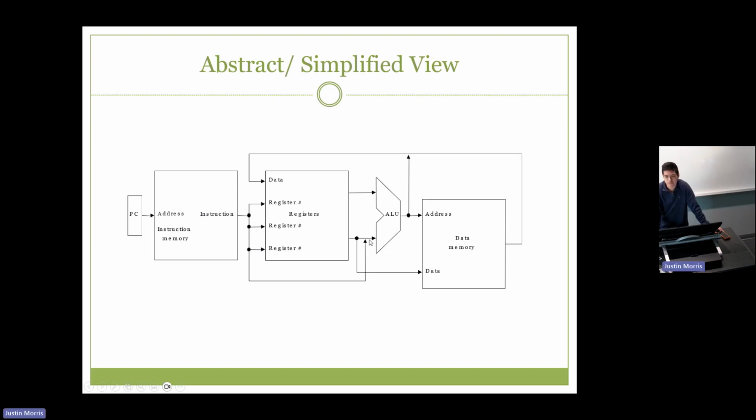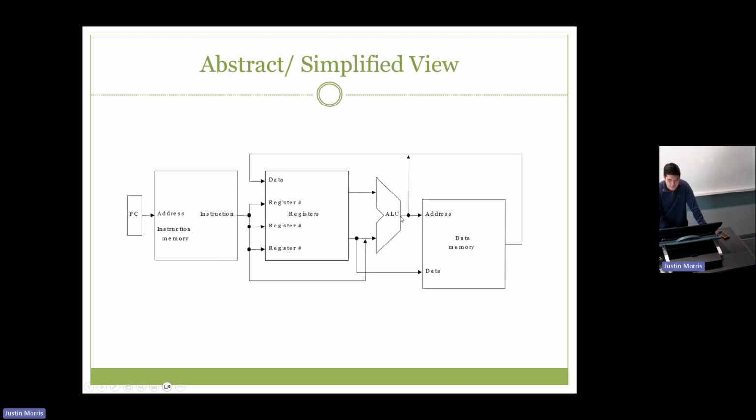It's not an address, but it's the immediate. It's a part of the address, right? So again, I need to be able to select between two things here. Same components, I need a mux here to select. And then sometimes RT is going to be the data that we're storing into memory. Okay? So that's why we have this connection here.